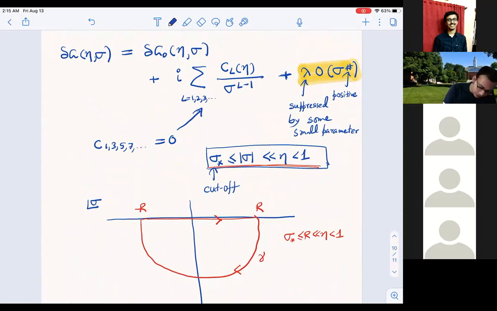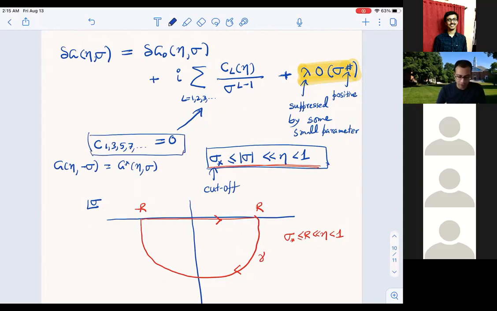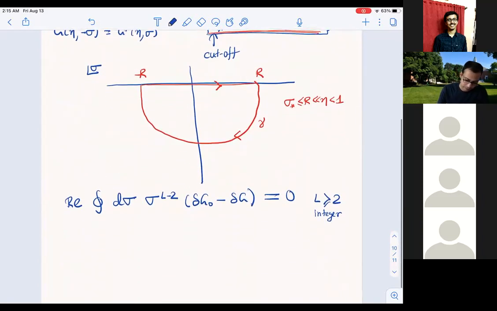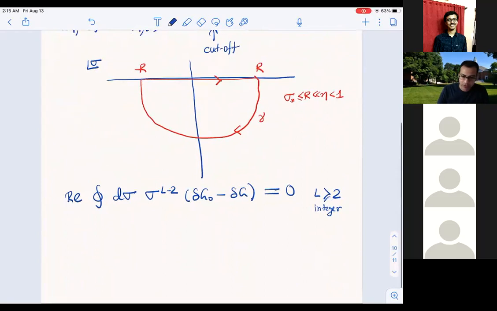For example, there is a condition like this, which basically says that in the OPE of two identical operators, there cannot be any odd spin operator. So from there, we get this condition. Half of the coefficients are already 0. So our goal is to constrain the rest of the coefficients.